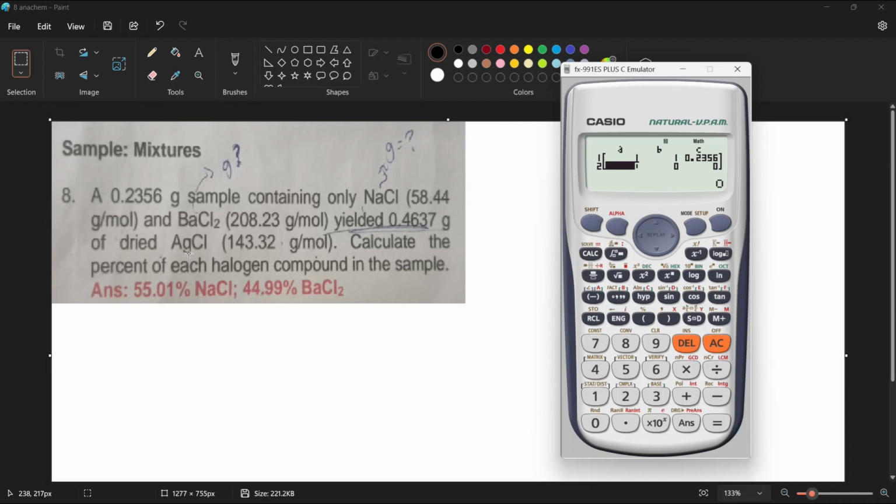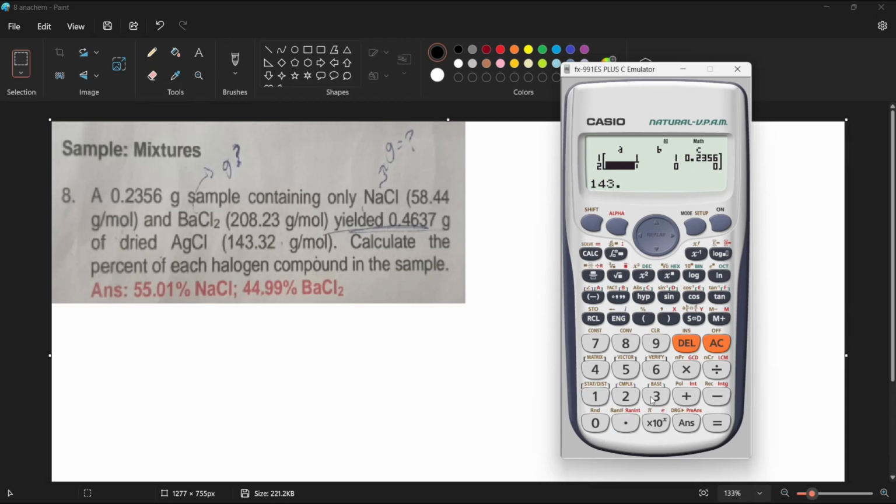First, here's the AgCl and NaCl relationship. Since we have x and y here, we already know that the gravimetric factor is the molar mass of the salt chemical over the molar mass of the weighed chemical. Now, it's inverted because we need to put the AgCl first since we already know the NaCl here.